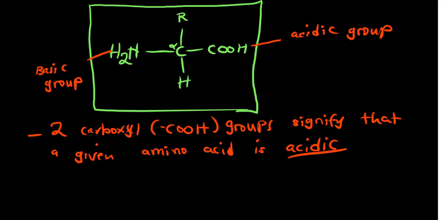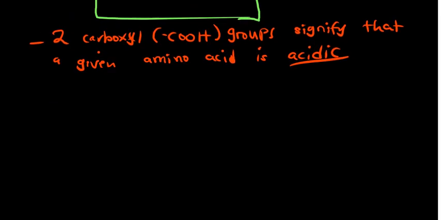So I already mentioned that this R group here is what gives the characteristics of any amino acid. Let me just write it down.